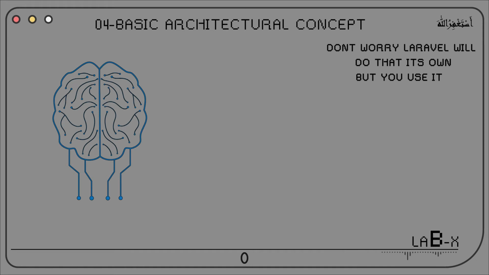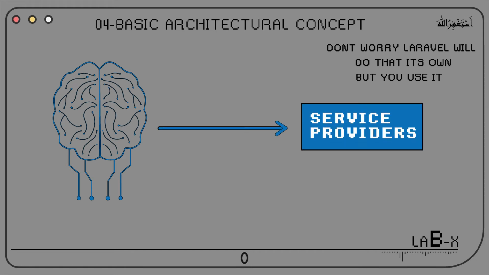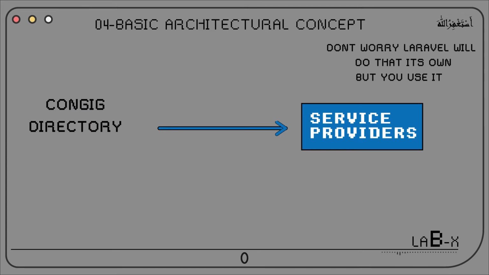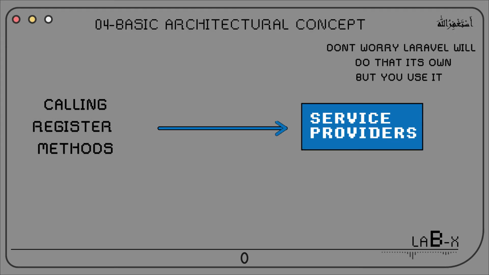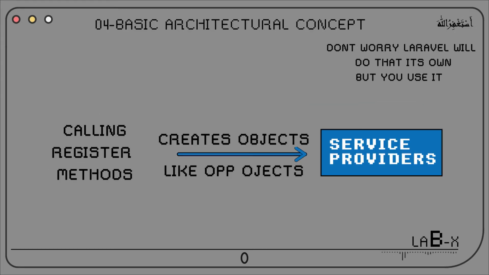Service providers bootstrap all the configured servers and services from the providers array in the config directory's configuration file. Laravel will iterate this list, call the register method, and create an instance of all service providers. The register method will be called on all providers, so it is ready for use.